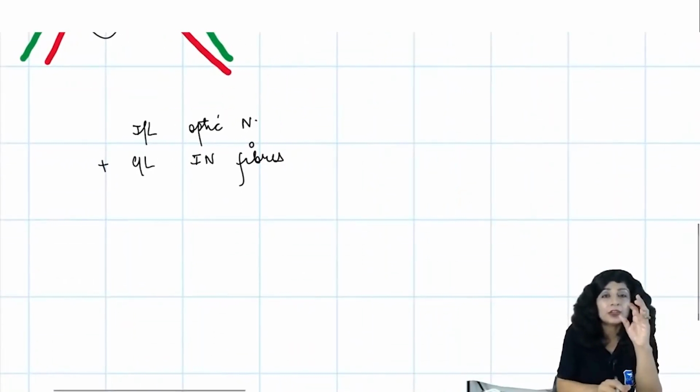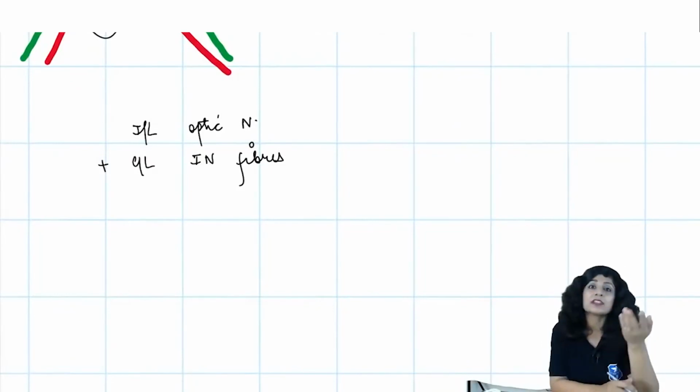Now, optic nerve involvement will lead to total blindness on the side of the lesion, which is called a central scotoma.